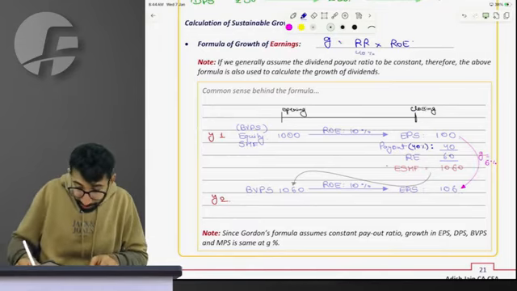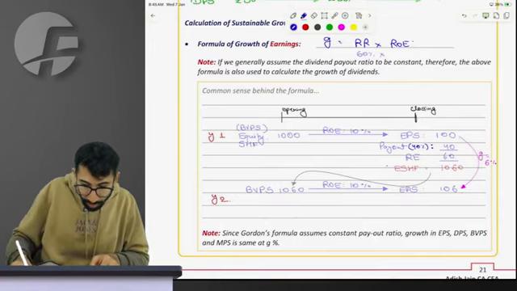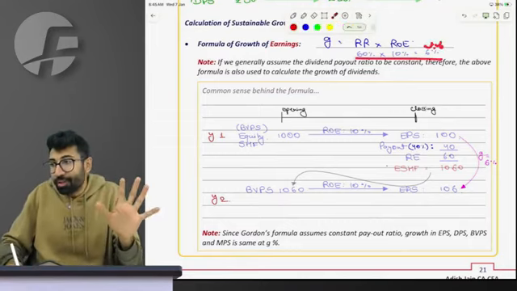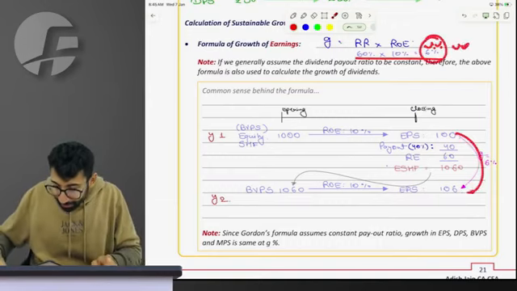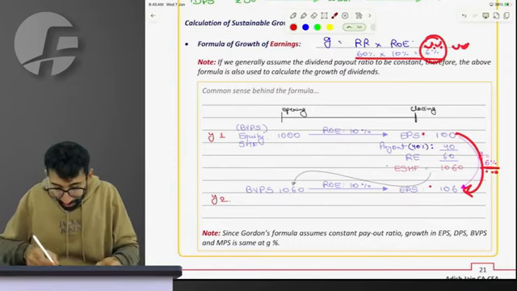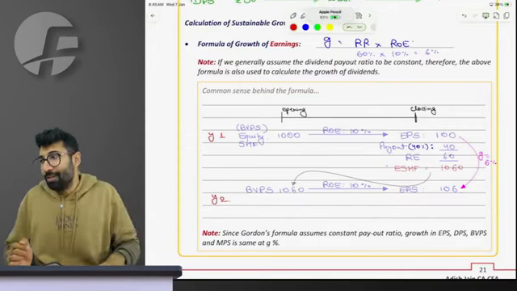If my retention ratio is 60% and ROE on that is 10%, growth automatically turns out to be 6%. So could you all understand that my formula gives me a growth of 6%, and the calculation or the common sense gives me a growth of 6% in my EPS? Are you all 10 on 10 aligned to this? Everyone, please tell me.